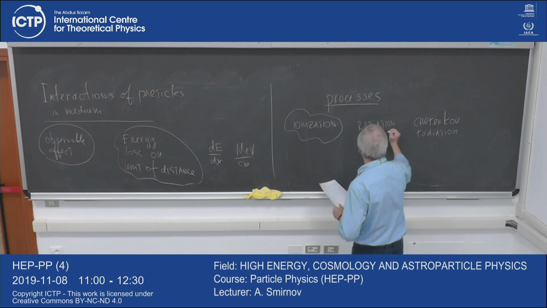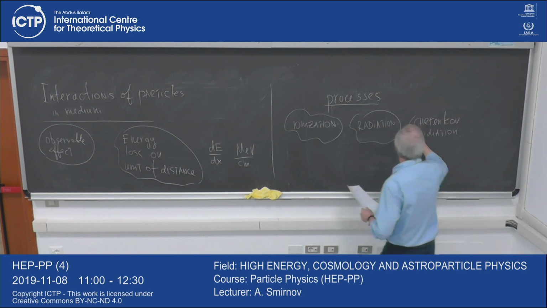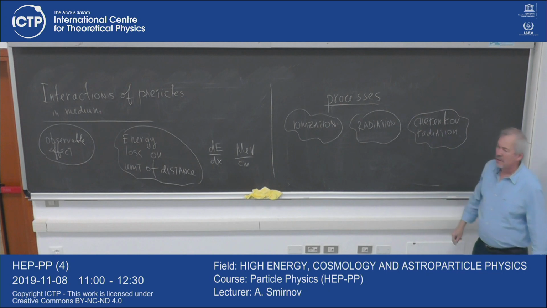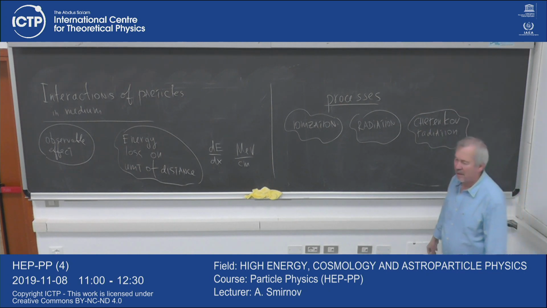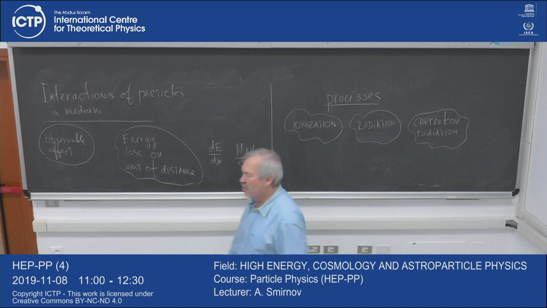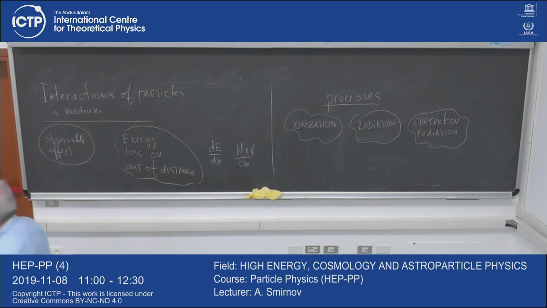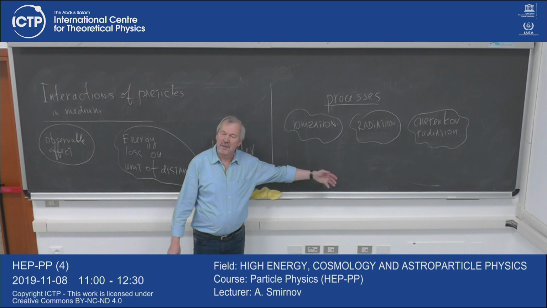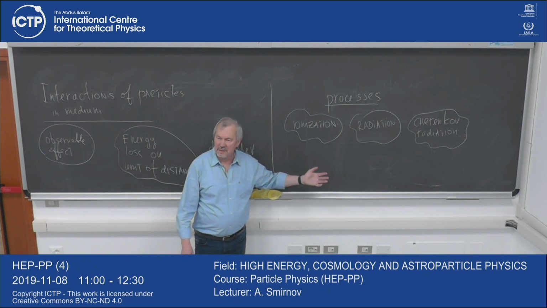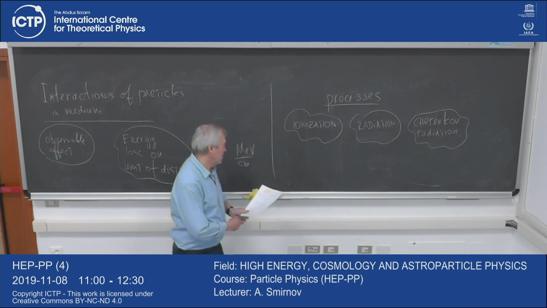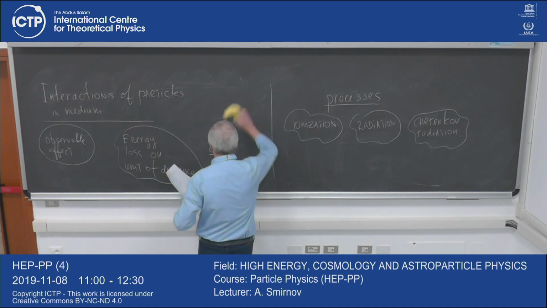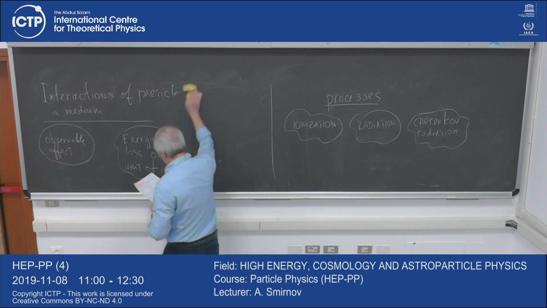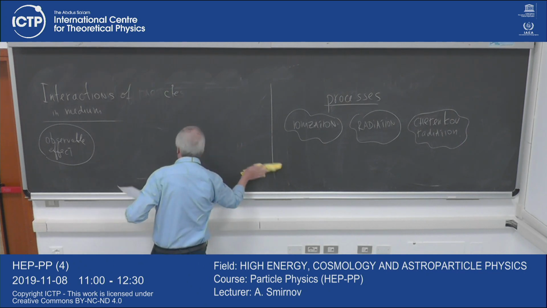What is interesting is that Cherenkov radiation is not very important for energy loss, but it is very important for detection of particles. But mostly what we will discuss is ionization and radiation. This is what people actually use to detect particles. These are the processes which eventually produce the tracks or influence the properties of the tracks. And I will start with radiation.